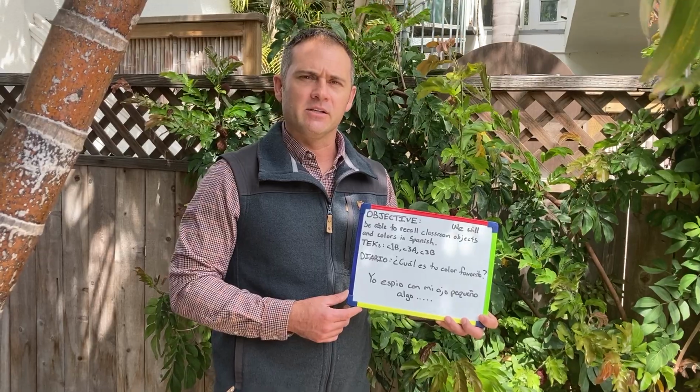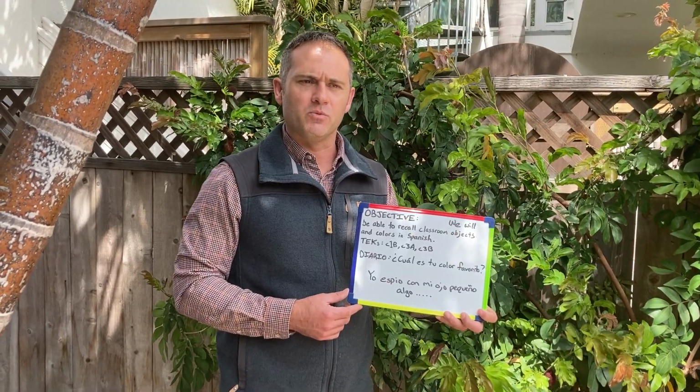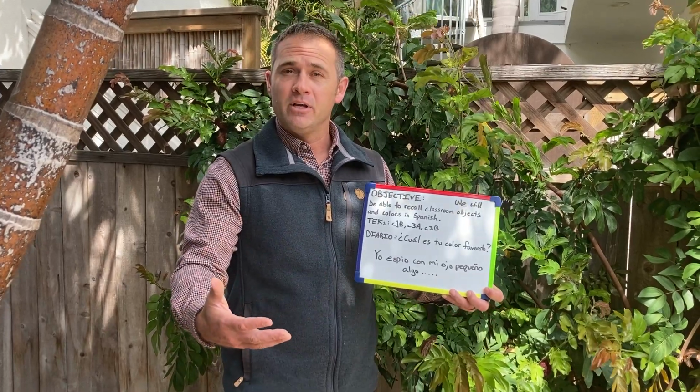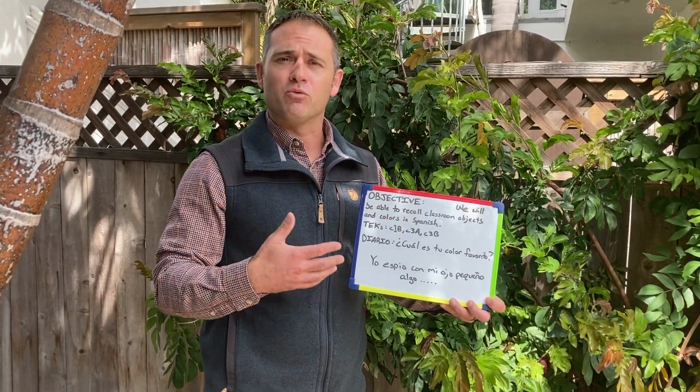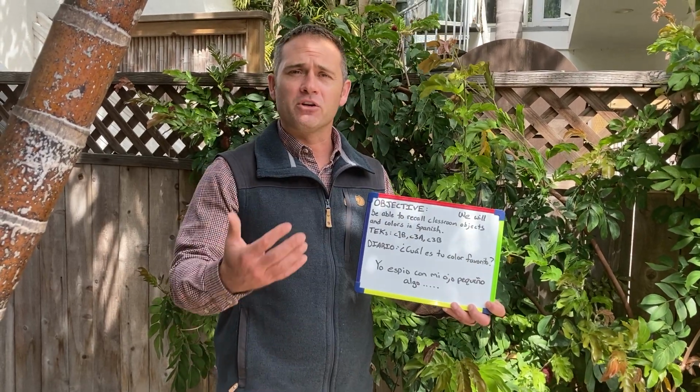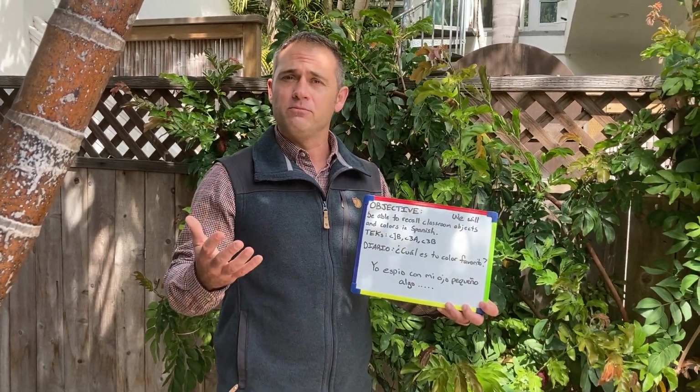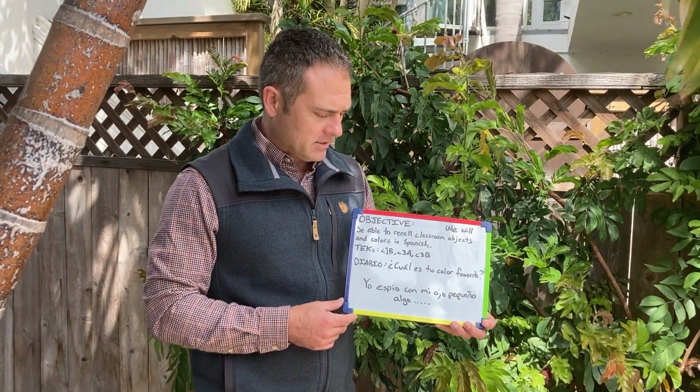In those ways, it's very easy to check in and see which kids are getting it or not. Throughout the activity, I do have the kids write it down. So not only are they playing out loud, but they're writing it down. That gives me the opportunity to walk around, see what their guesses are, in order to really see if the kids are grasping what we're doing in class.